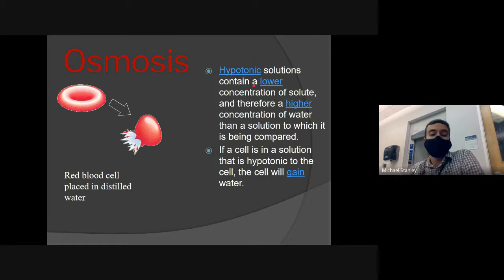So hypotonic means lower solute, which is another way of saying more water. Just like with our salt example earlier, the beaker of pure water was a hypotonic solution compared to the bag of salt water that we plopped in there.